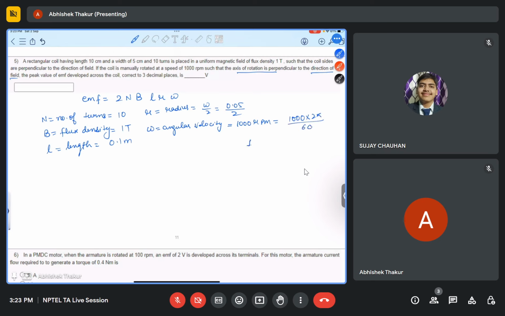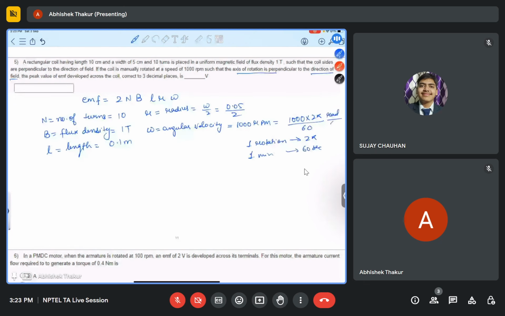Because one rotation is equal to 2 pi and 1 minute is equal to 60 seconds. Okay. So this will be radian per second. So now for the induced EMF we will substitute all these values to get the answer.